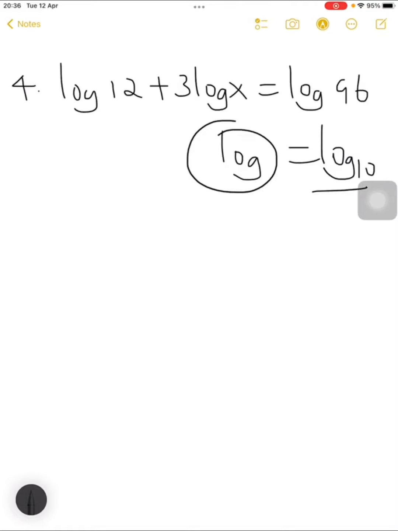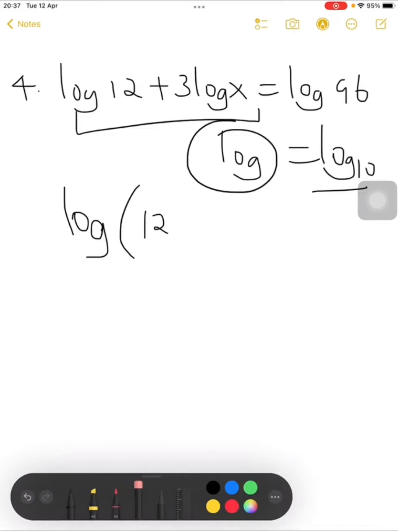So in solving this, we can use the product rule to combine these 2. The product rule says that when we have the 2, we can multiply 12 by the other term, but even before we multiply, we can transform the second term.